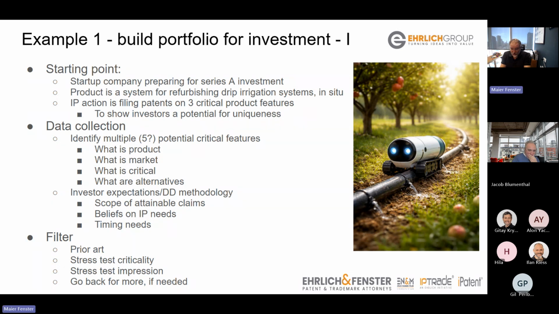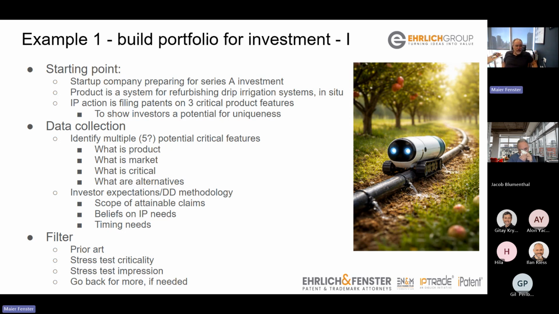Okay, so can we just go out and write these patents? No, we can't. Here's a few steps we're going to do. One is data collection. Well, first we have to identify more than 3 potential critical features.